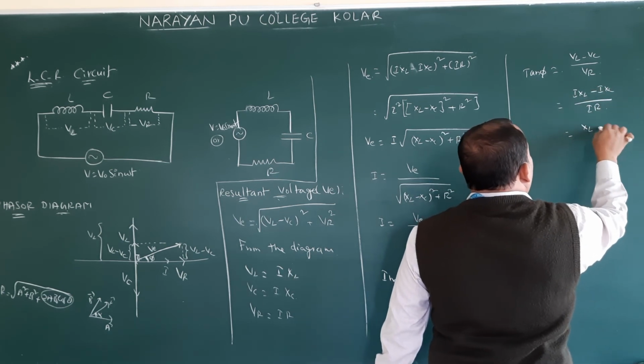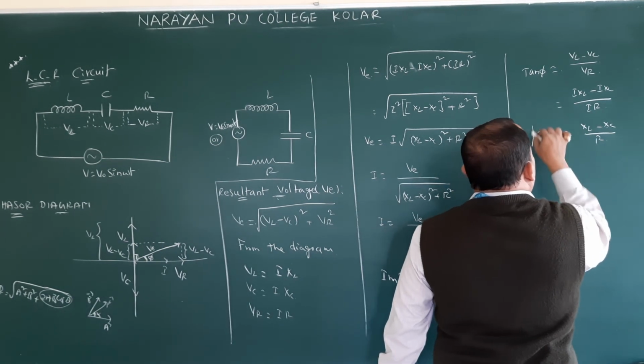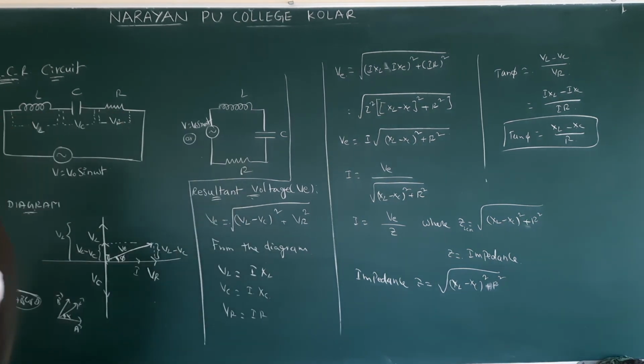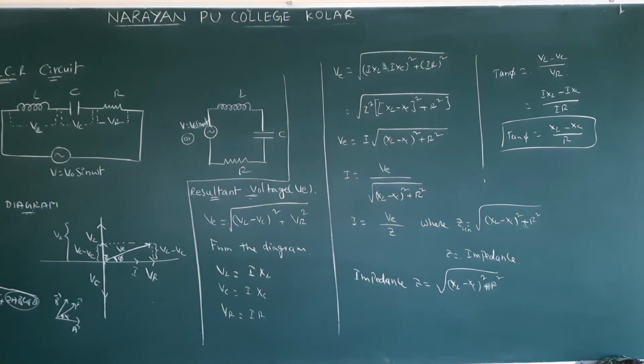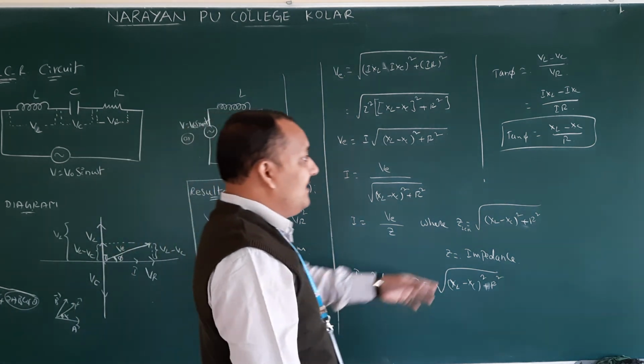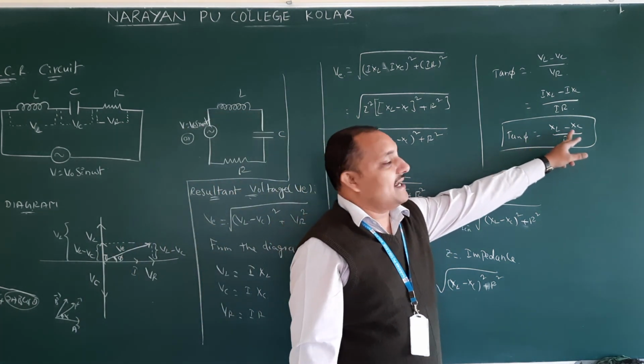If you cancel, it means XL minus XC by R. So this is the resultant direction. Tan phi is equal to XL minus XC by R. So by using this, they will ask which is dominating. This phi is nothing but the phase angle.